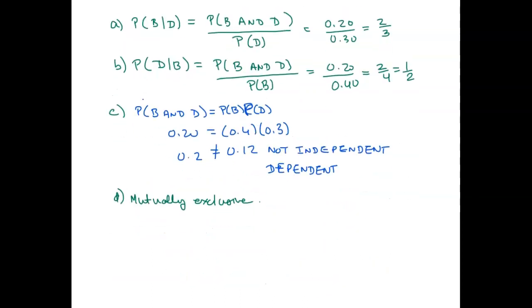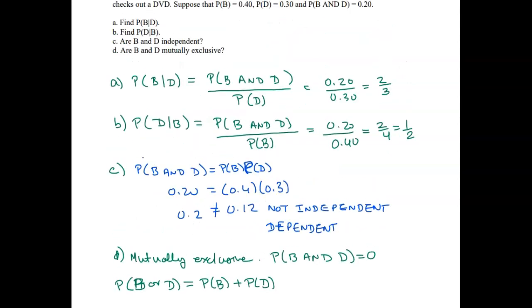If you do calculations, mutually exclusive, they are if the probability of B or D in this case is equal to the probability of B plus the probability of D. If they are mutually exclusive, it means the probability of B and D equals 0.